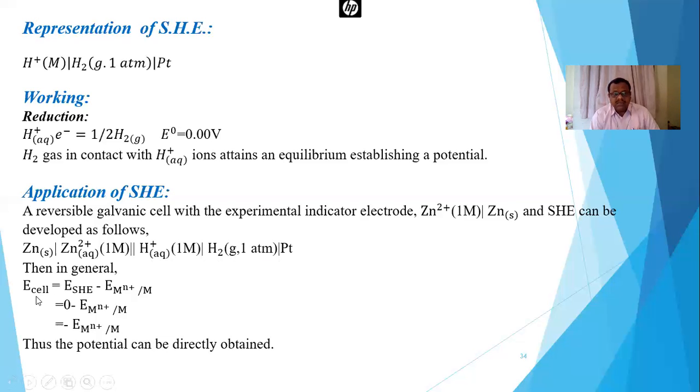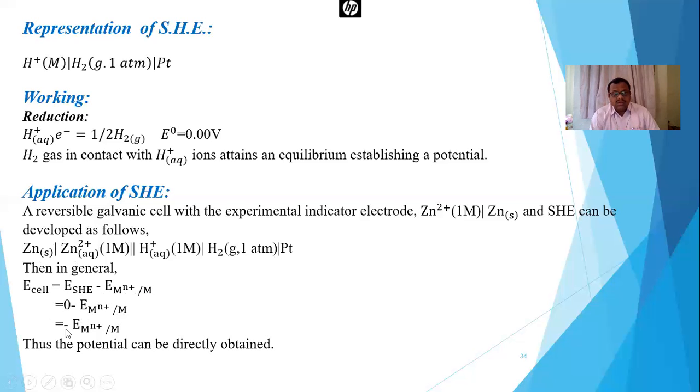When they are connected with each other, the standard potential can be calculated. E cell is equal to the potential of the standard electrode minus the potential of the electrode we are using, that is the zinc rod dipped in zinc ion solution. As we know, the potential developed on the standard hydrogen electrode is zero, so it is zero minus the potential of the other electrode.